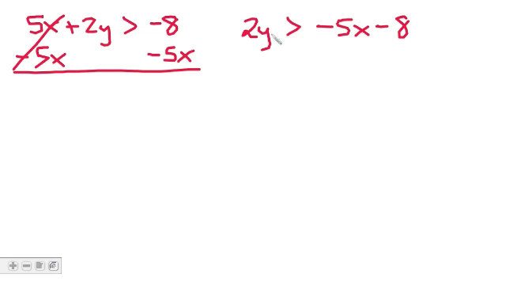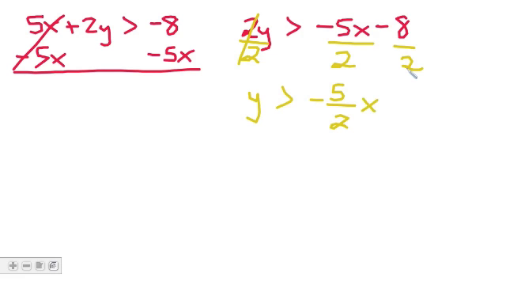All right, now we need to get this y by itself. It's being multiplied by 2, so we're going to divide by 2. What you do to one, you've got to do to them all. So I'm going to divide all of these by 2. This cancels, and I get y is greater than negative 5 over 2 x, and 2 goes into 8 four times, so minus 4.